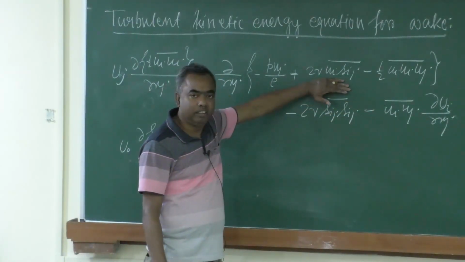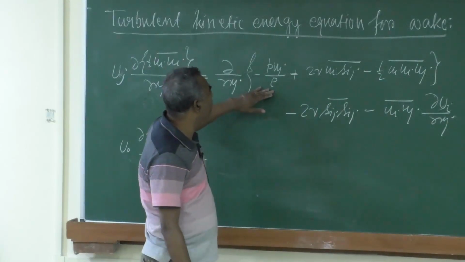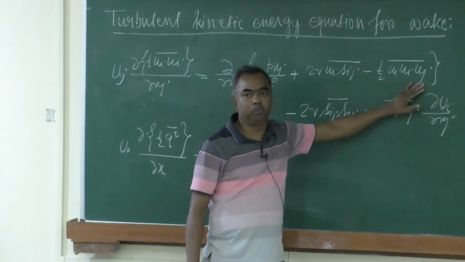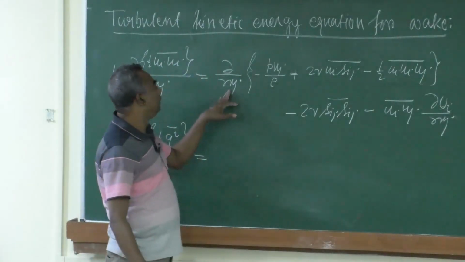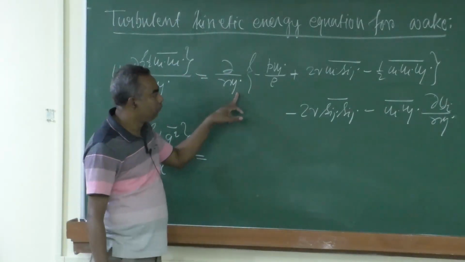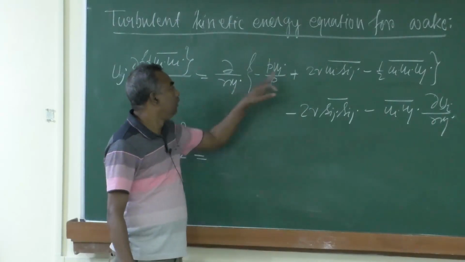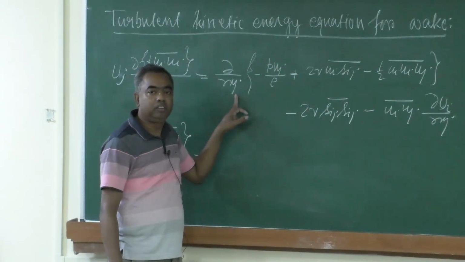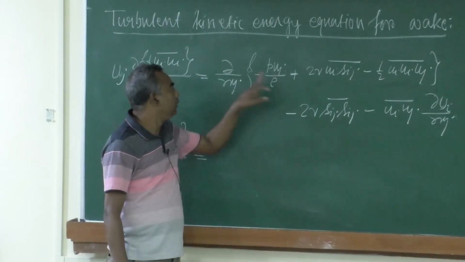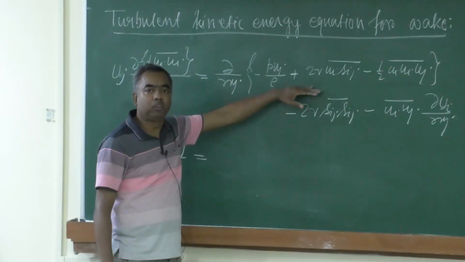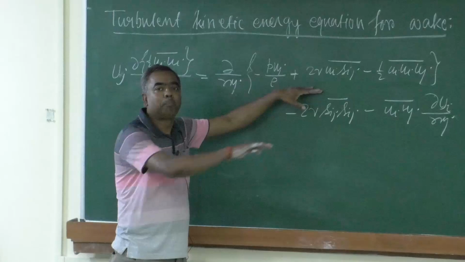So, we can forget this particular transport term, then the transport term will have only two, that is pressure as well as turbulent transport. Now, this also j, j means summation for j is equal to 1 and 2.